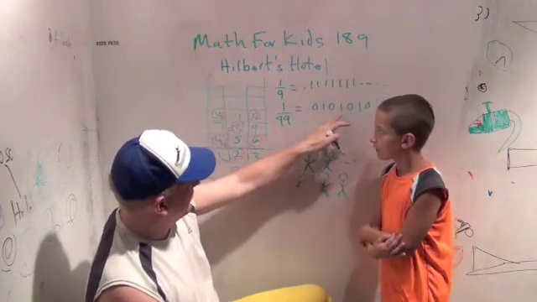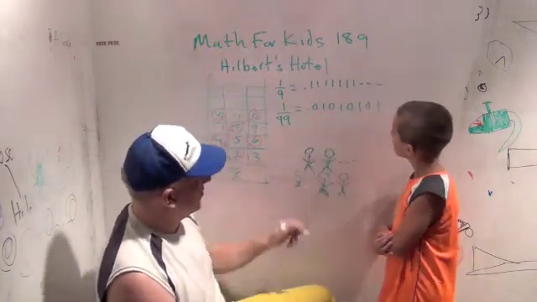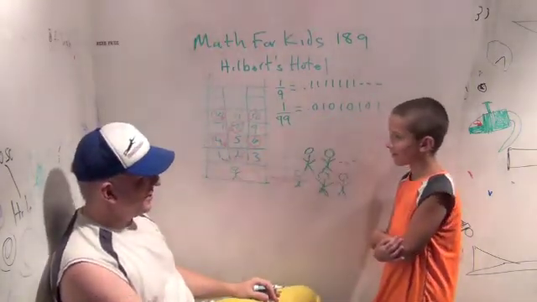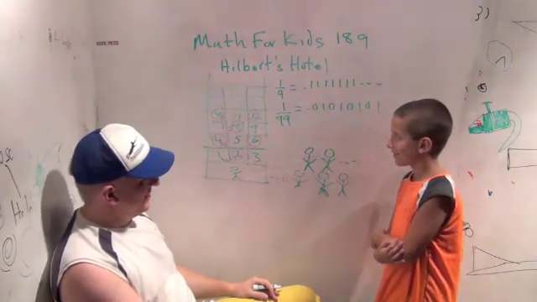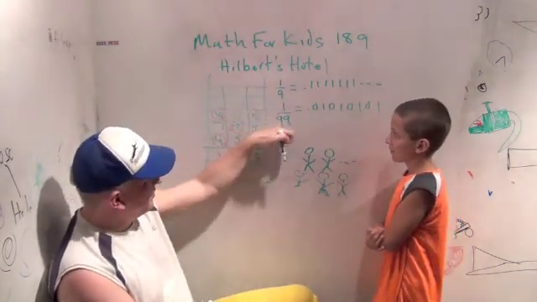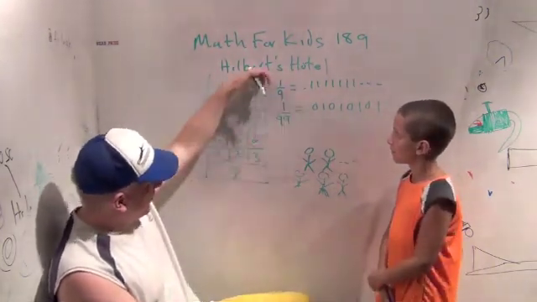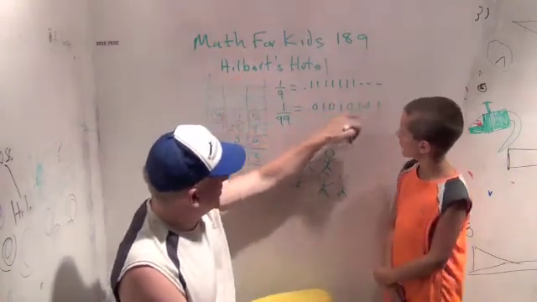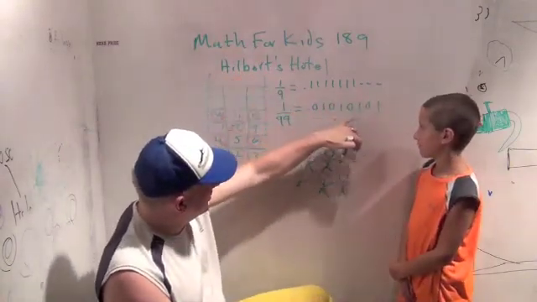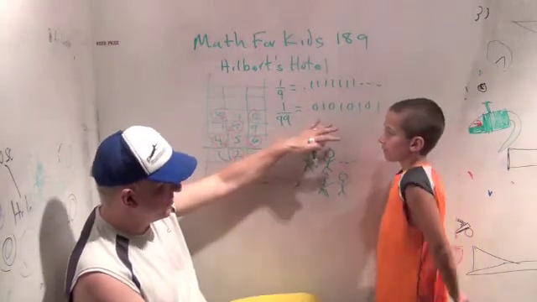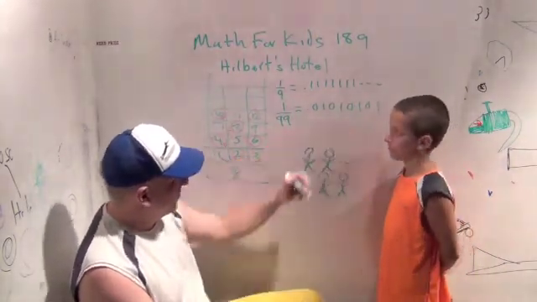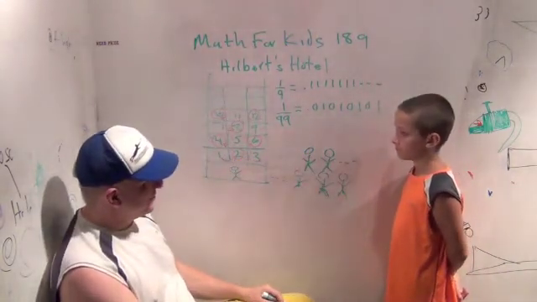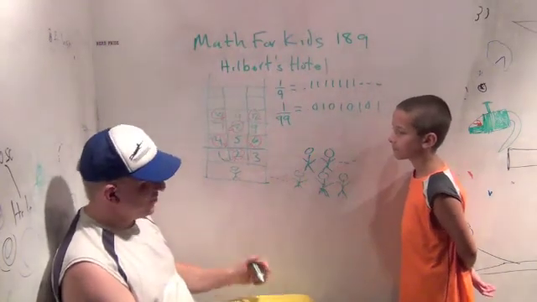So only the second, fourth, sixth, eighth digit was there. Isn't that cool? So that's kind of like what happened here. When you arrived at the hotel, all the rooms were filled, and then you just moved everyone to the even numbered rooms. And then you had room to fill something else in. It's pretty cool, isn't it?